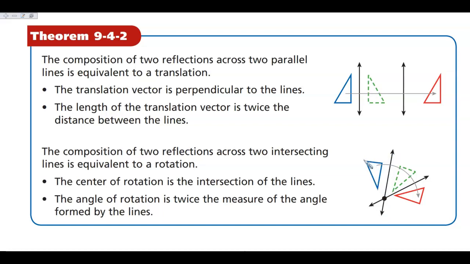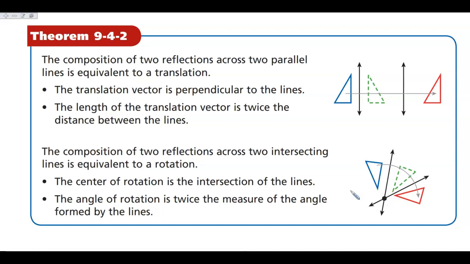If I'm going to reflect across lines that intersect, if I take this blue triangle and I reflect across this line, I get this green dotted triangle here. And if I reflect the green triangle across the next line, I get the red one. If we look at the first triangle to the last triangle, I end up having a rotation, and the center of my rotation is going to be the intersection of my two lines.